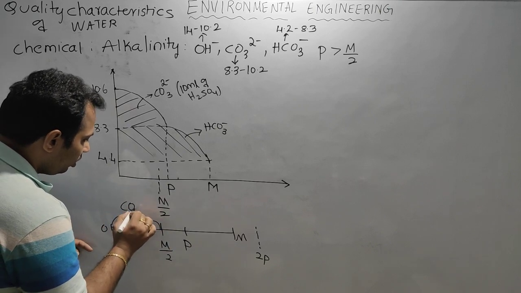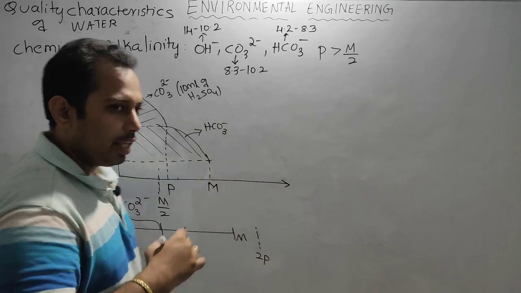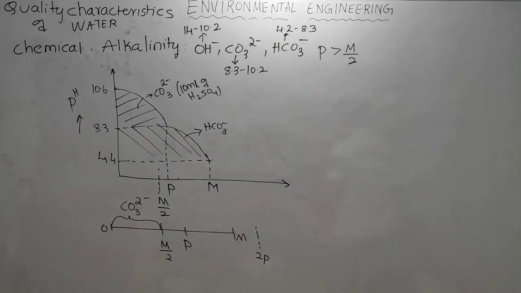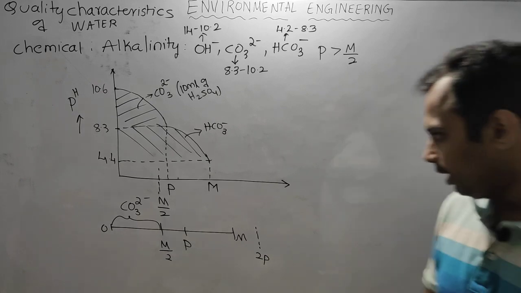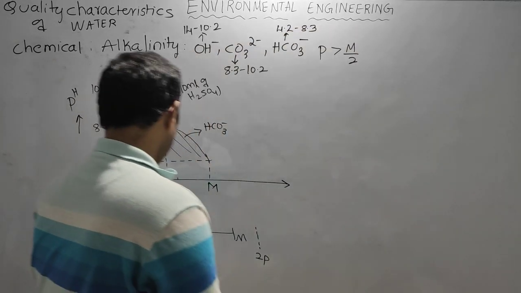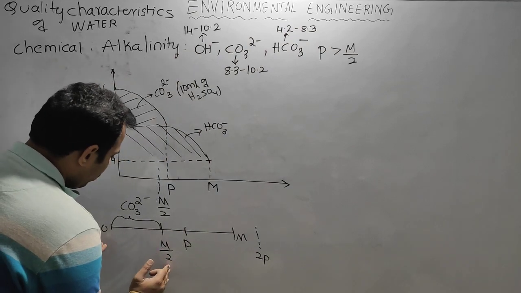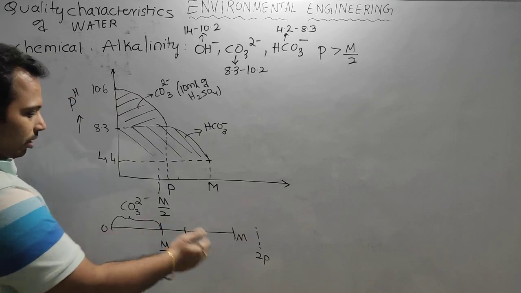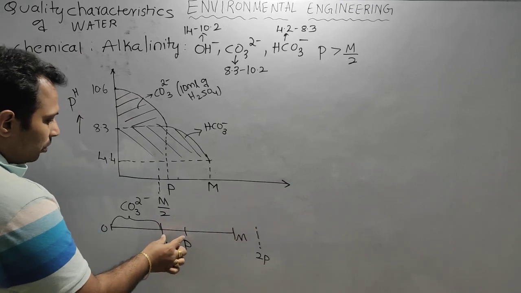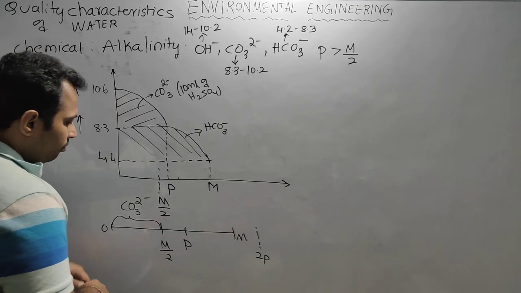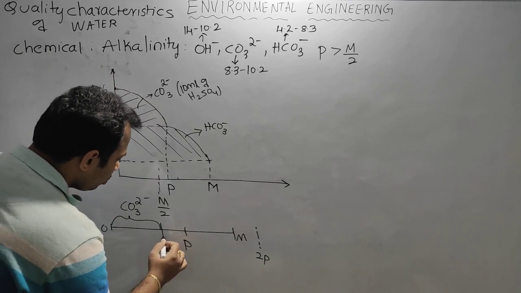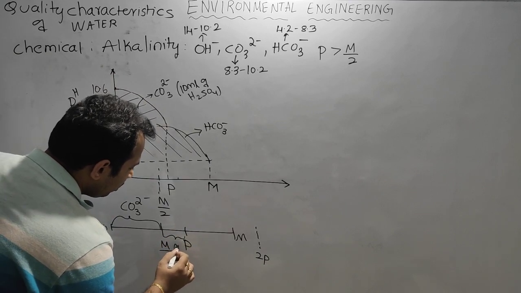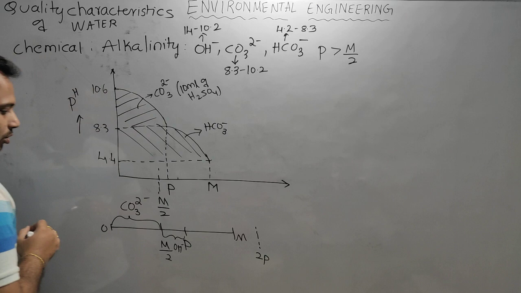There is another part, that is OH minus alkalinity. So if this is M by 2, we need another M by 2 here, that is 2M. That means M. So this portion is taken by OH minus. This is OH minus alkalinity.